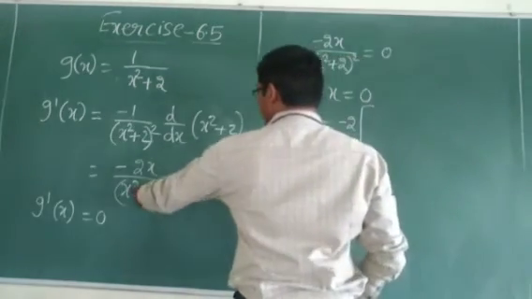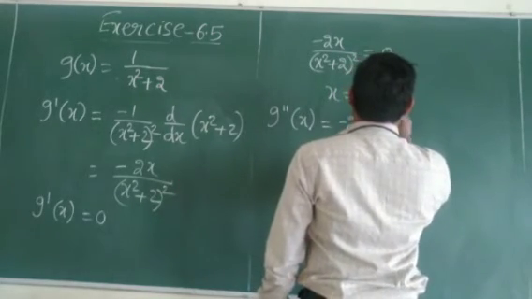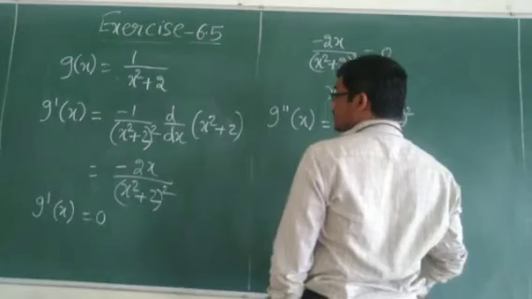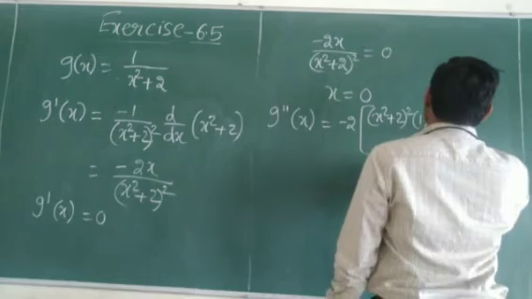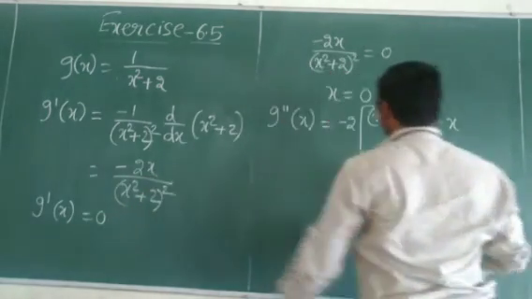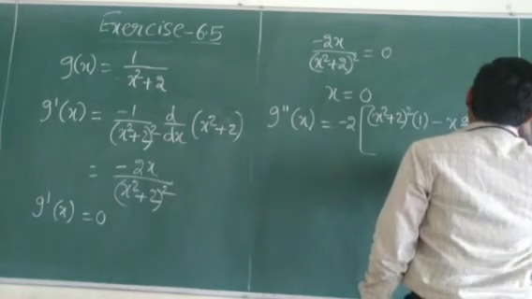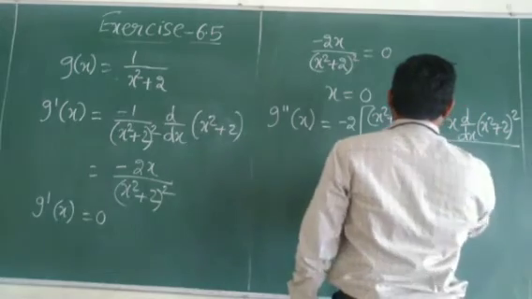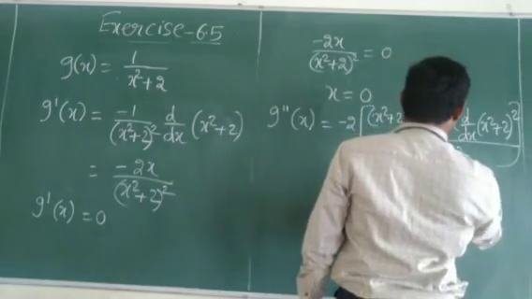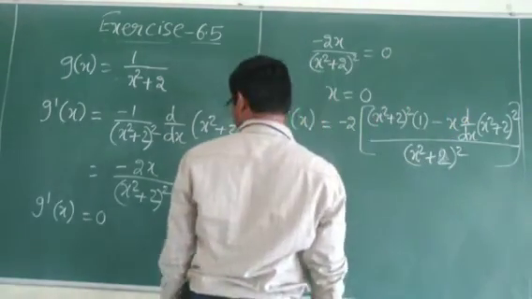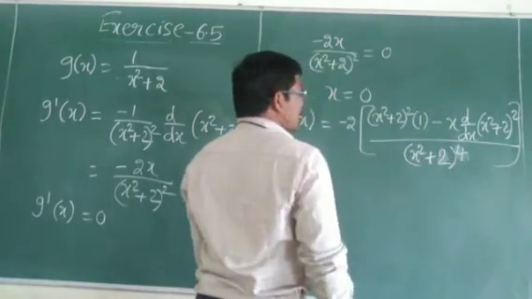The second derivative of minus 2x, where minus 2 is constant. Now we can apply the u by v form. That is, we take x square plus 2 whole square as it is, take the derivative of x, which is 1, minus x into the derivative of the denominator, all by x square plus 2 whole square squared, so that will be power 4.